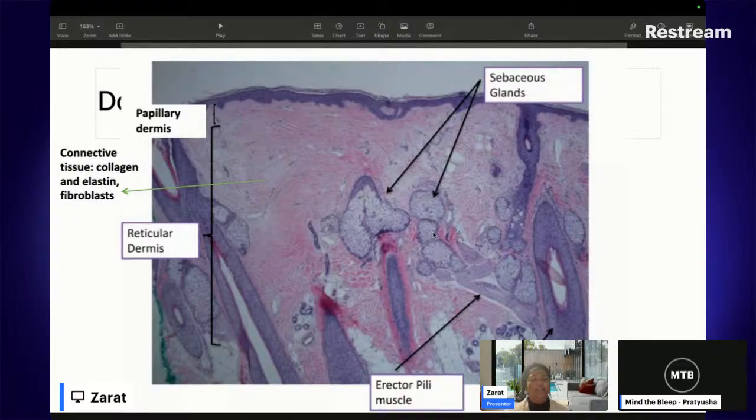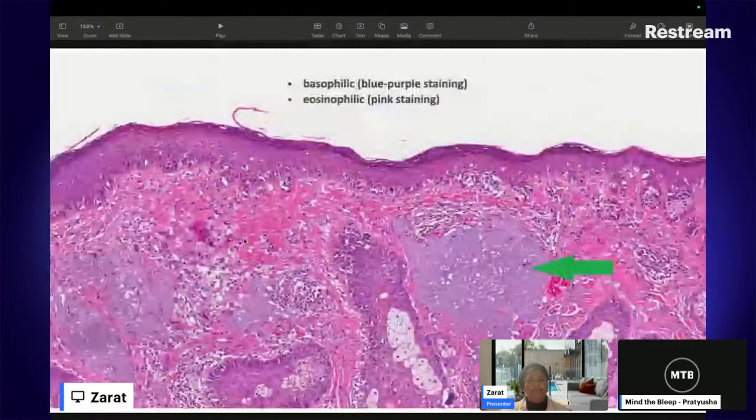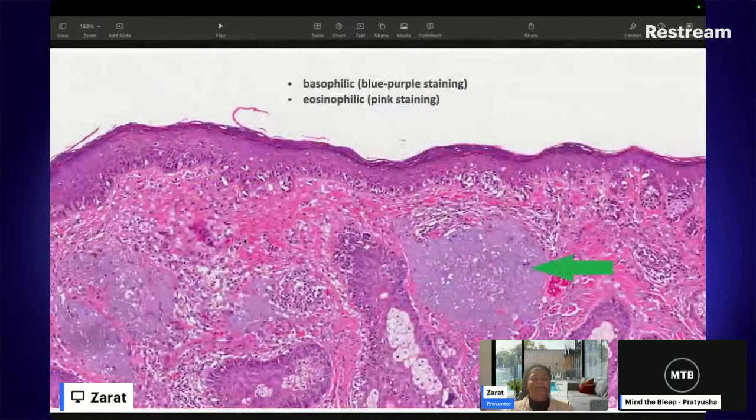That gives you your oily skin. You have the hair follicles, which produce the hair on your skin. You have erector pili muscles and lots of other glands, which are all part of your skin. So that's what the normal skin looks like in a nutshell.